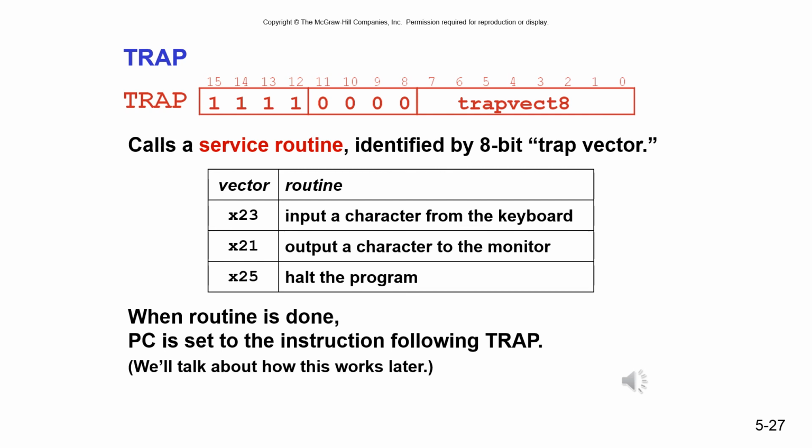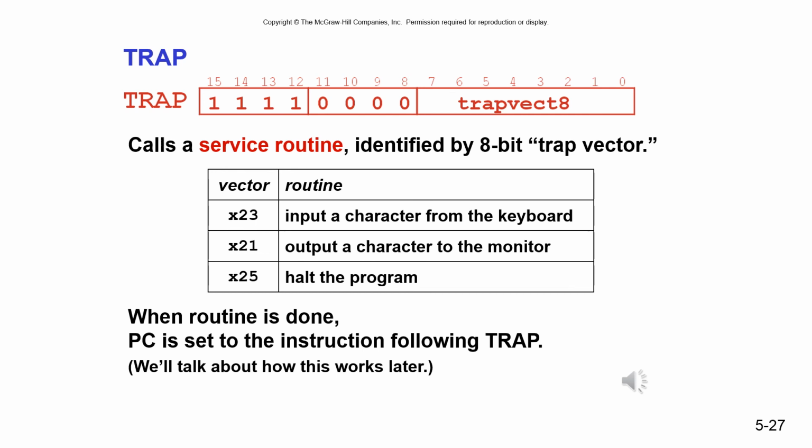And the 8-bit trap vector is represented by a hexadecimal number. Remember, 1 digit of hex is 4 bits of binary. So hex 23, which is the trap vector for input a character from the keyboard, actually comes out as 00100011. And that's 23 in hex.